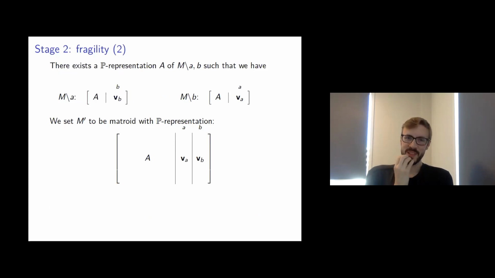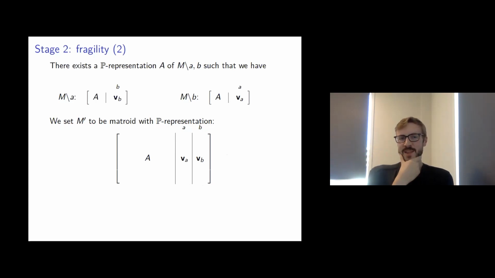Okay, so more specifically, we can start with a representation of M delete AB, since this has our stabilizer minor. And we can say, let's put B back, or let's put A back, and get column vectors corresponding to each of these. And then you could build up a representation for a matroid that you would get by taking the column corresponding to A and the column corresponding to B. And we'll call this matroid M prime.